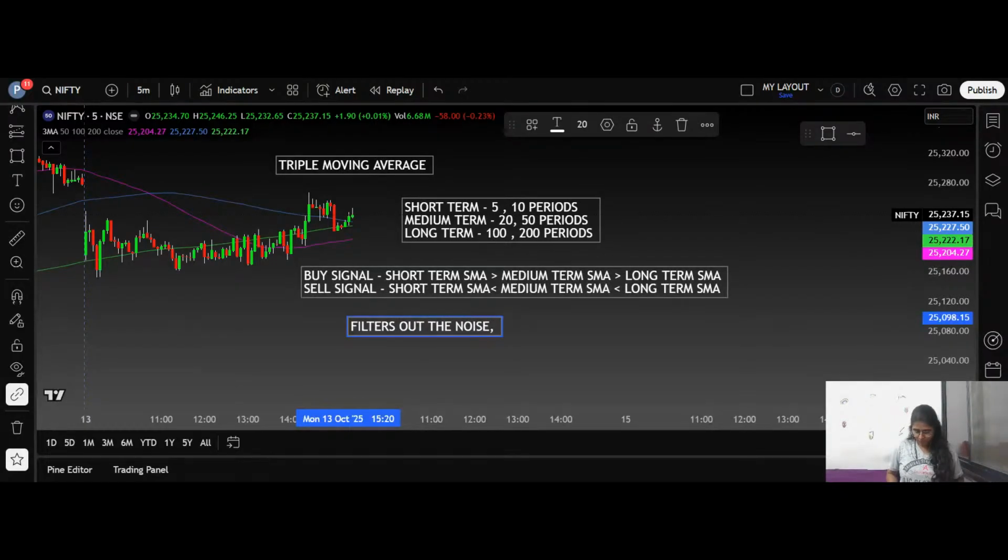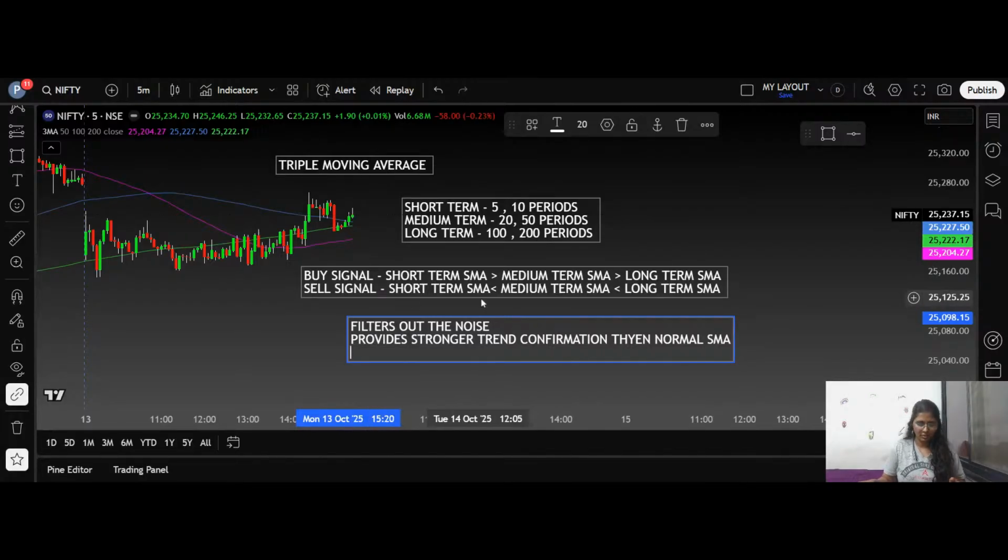It provides stronger trend confirmation than normal SMAs, and it can be applied to any market, including crypto.